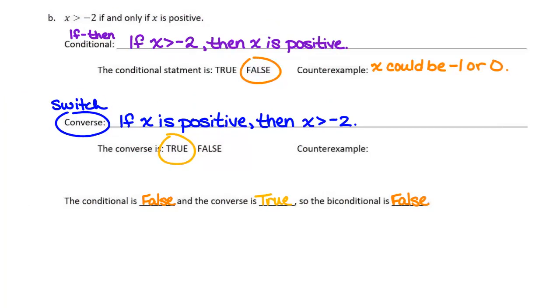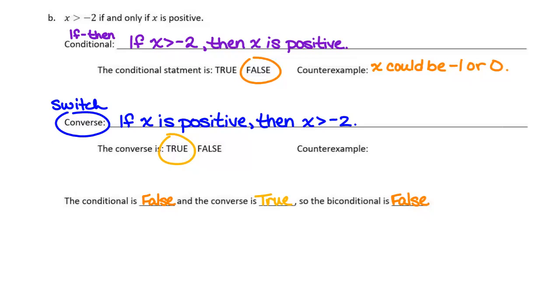So pretty much what it's saying is that if x meant every positive number, then x being greater than -2 would be true. Yep. If x is any positive number, then whatever it happens to be would have to be bigger than -2.